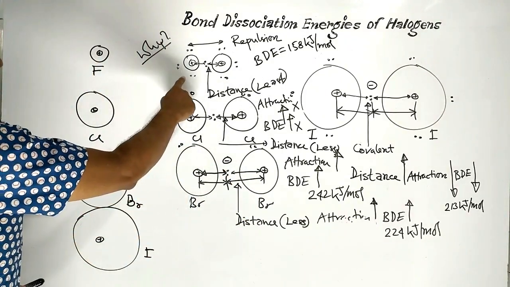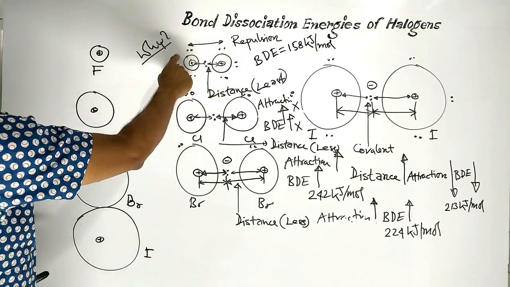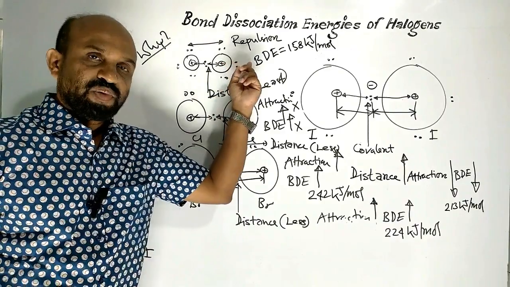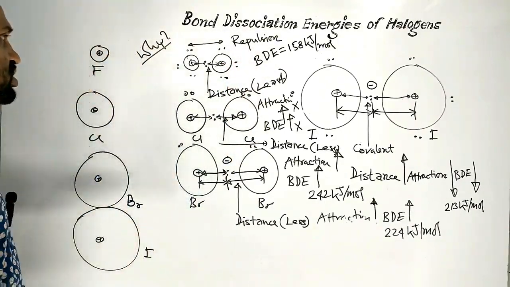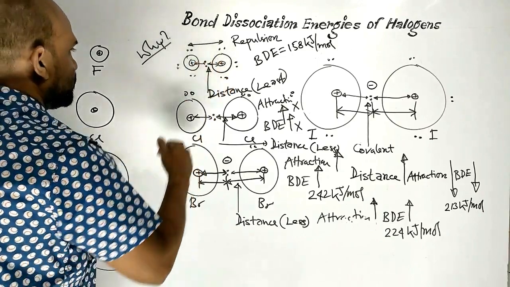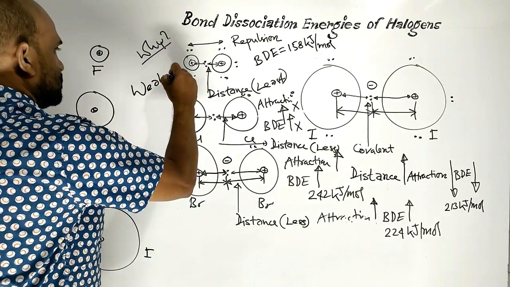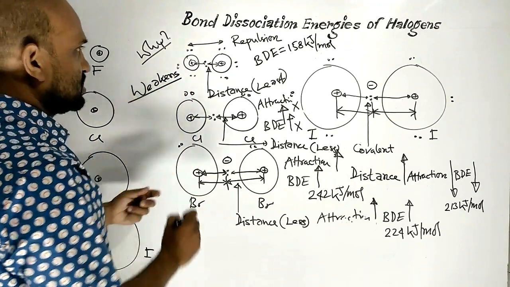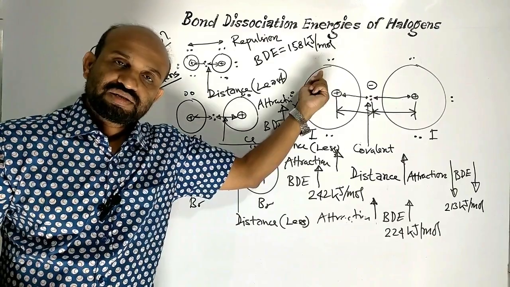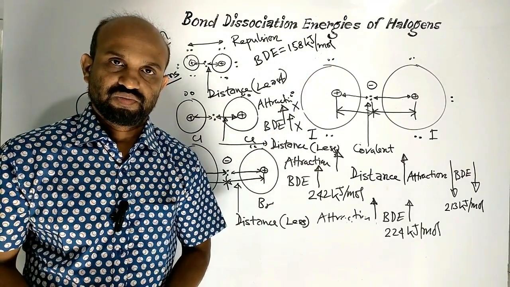But in case of fluorine, repulsion becomes the key factor. Repulsion dominates attraction force. Because of this, the fluorine-fluorine bond weakens. That is why less energy is required, 158 kilojoule per mole.